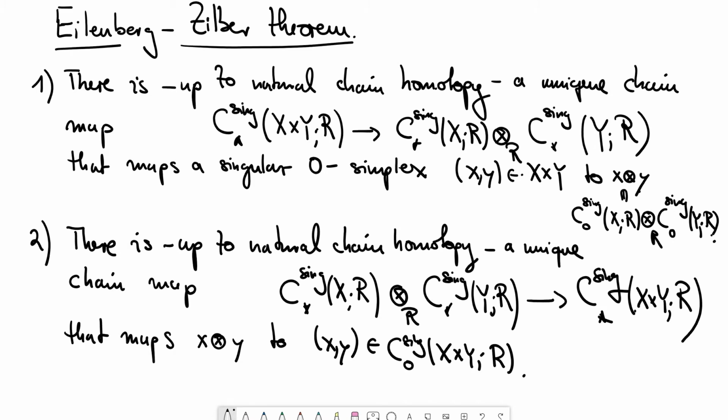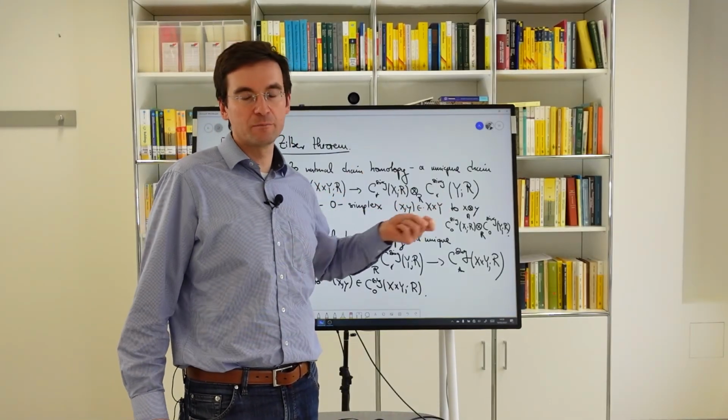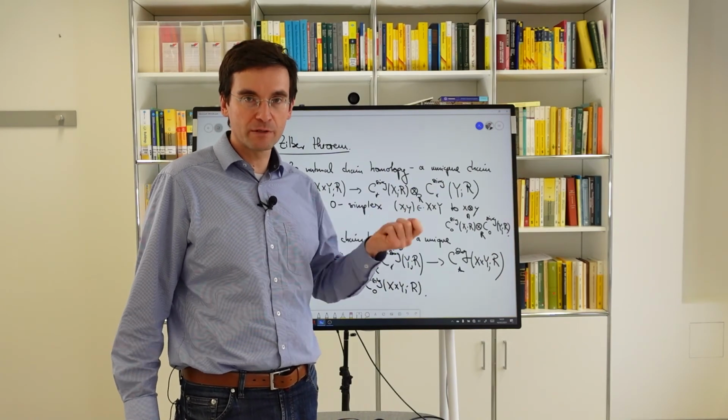I already have written it down. It says that there is a natural chain map from the singular chain complex of the product to the tensor product of the singular chain complexes of the individual spaces. And this chain map is natural in X and in Y. And also, if you impose the condition that it maps a singular zero simplex on the left-hand side, which is just given by a point in X times Y, a singular zero simplex is given by the point it maps to.